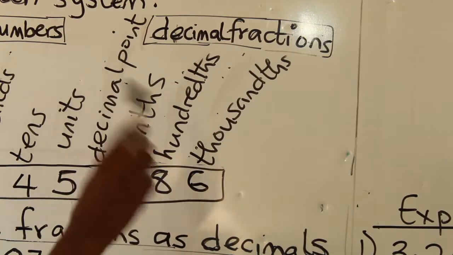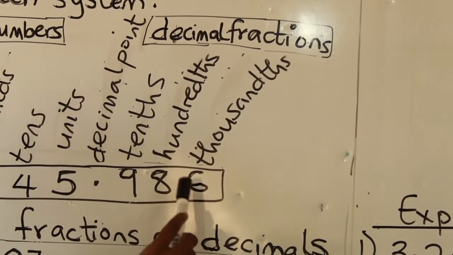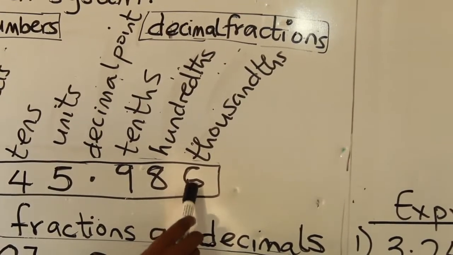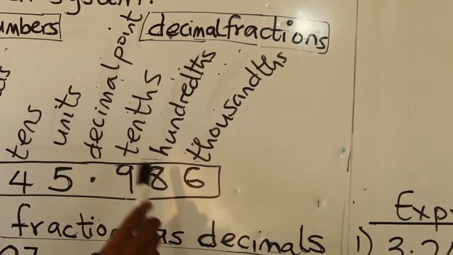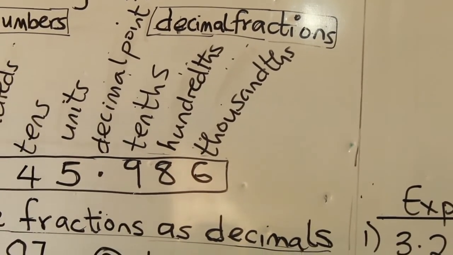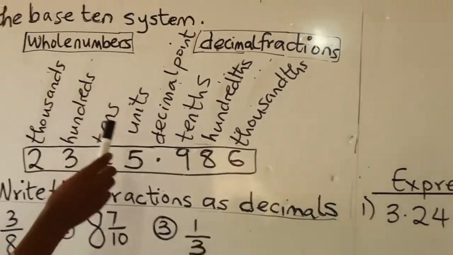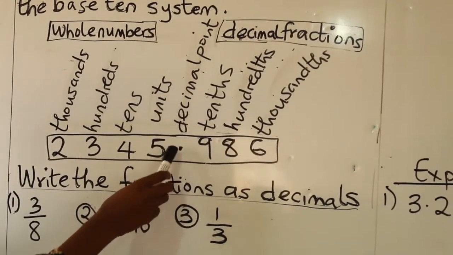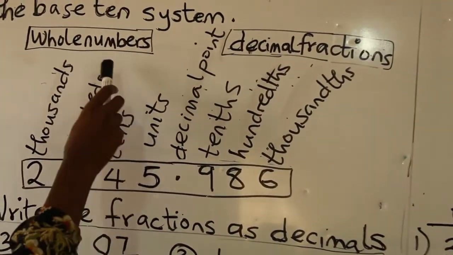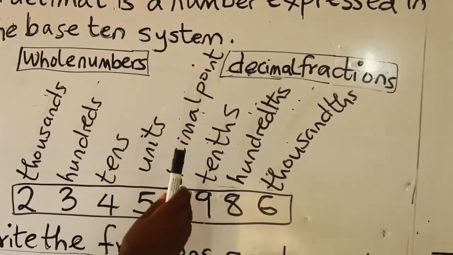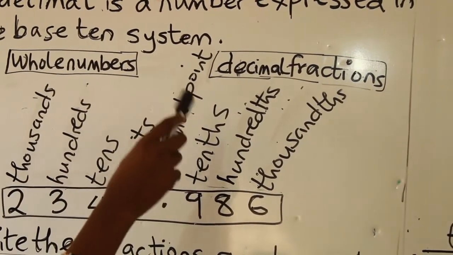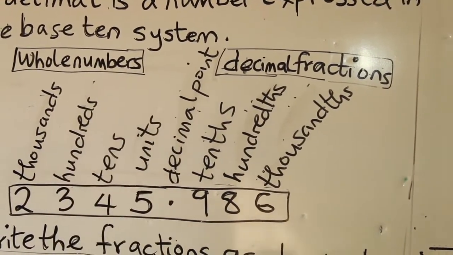If I'm writing the place value of 6 in figure, I'm going to write 6 over 1,000. All the numbers by my left hand are whole numbers, while the numbers immediately after the decimal point by my right hand are decimal fractions.